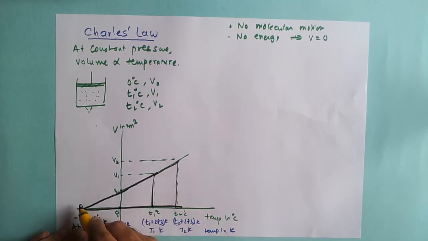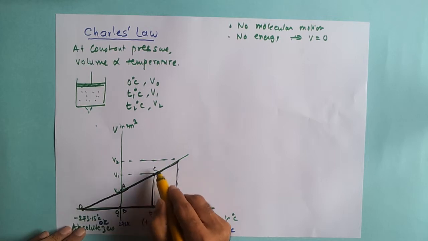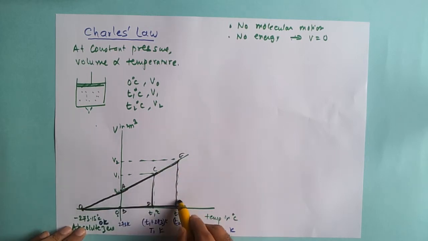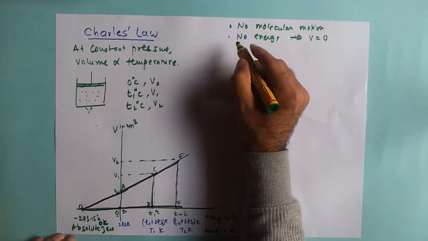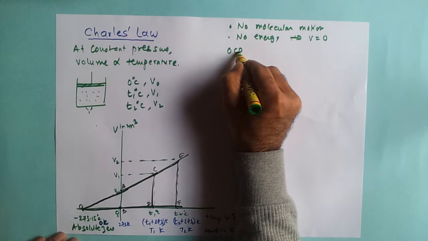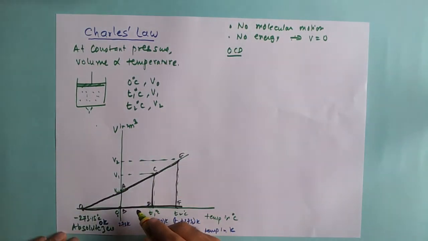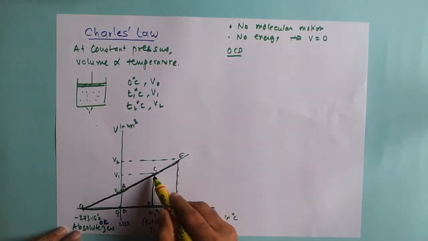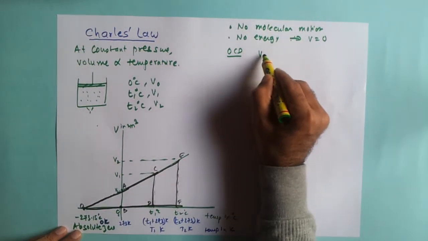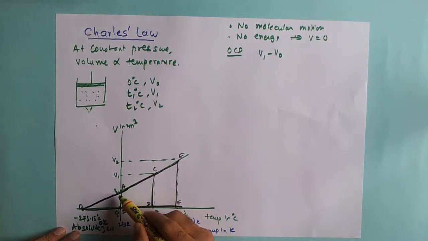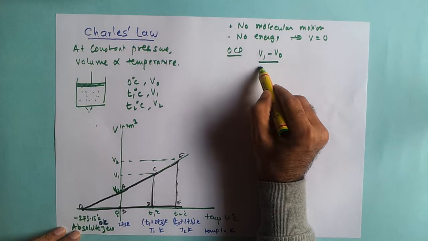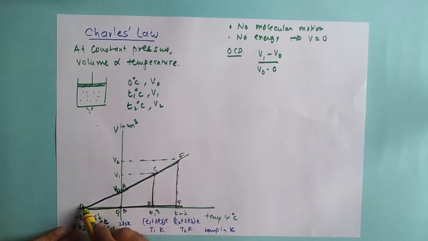Let us call them O, A, B, C, D, and E, F. If I focus my attention on these triangles, and let us say first I focus on triangle OCD, then, if I take change in volume, that is V1 minus V0, this is V0. V1 minus V0 upon V0 minus 0.